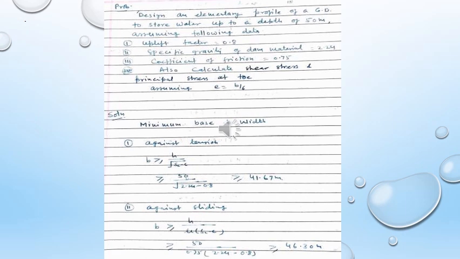So, again put the value of H, mu, SC and C. It will come out as 46.30. So, here the maximum of these two values of B should be the base width of the elementary profile. So, this comes out as 46.3 meter.